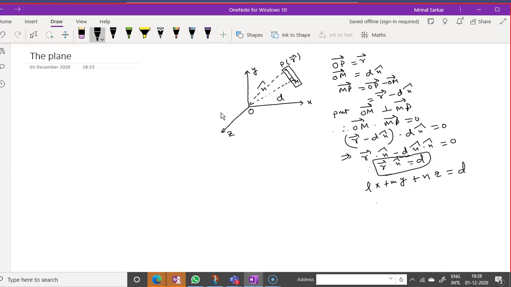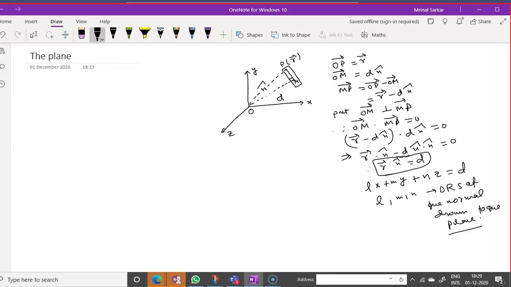And this l, m, n stands for direction ratios of the normal drawn to the plane. So this is a formula shown in vector form as well as in scalar form.